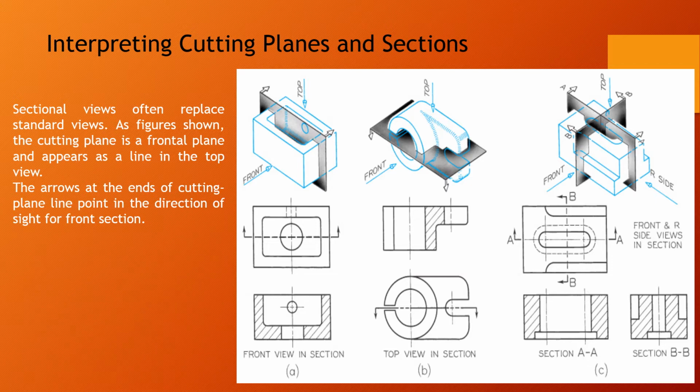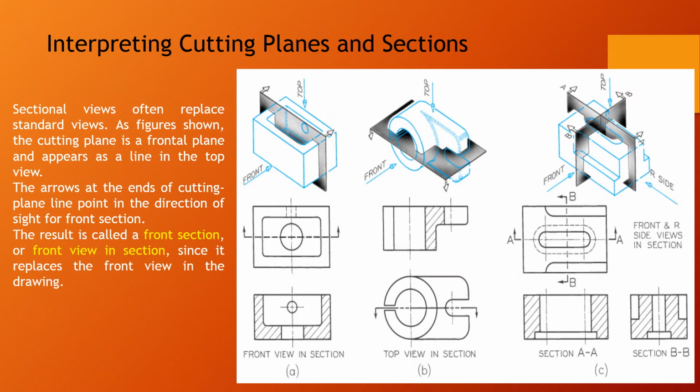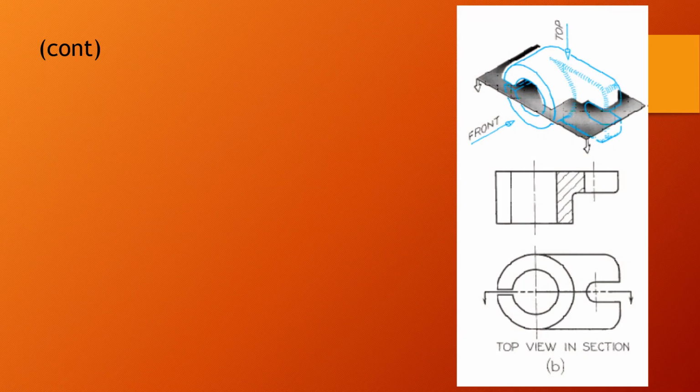The arrow at the end of the cutting plane line points in the direction of sight for the front section. The result is called a front section or front view in section, since it replaces the front view in the drawing.